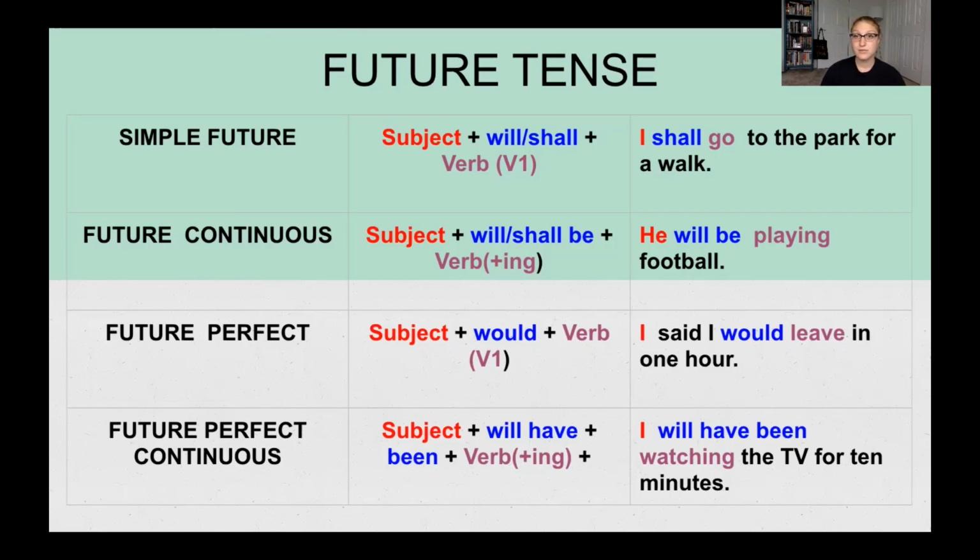What we are going to do now, you guys are going to write me an example for simple future, future continuous, future perfect, and future perfect continuous. So that's 4 sentences that I would like you guys to do next.